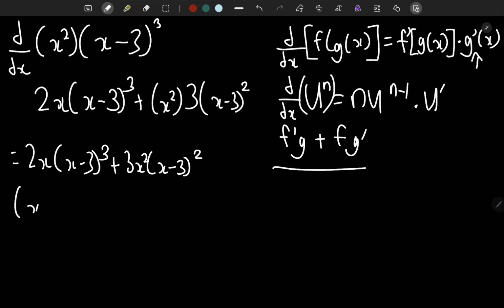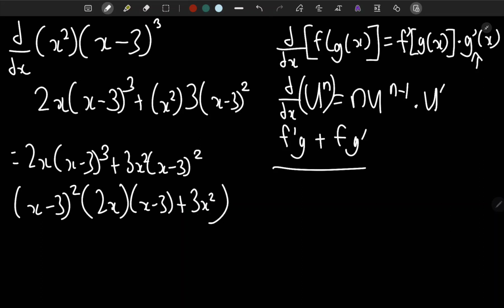So it's going to be (x minus 3) squared into, now what is left over here is 2x, and there is an x minus 3 left over here, plus 3x squared, which is over here. And actually the brackets are a little messed up, so I'm going to use the square brackets for the main multiplication, and this is the final answer.